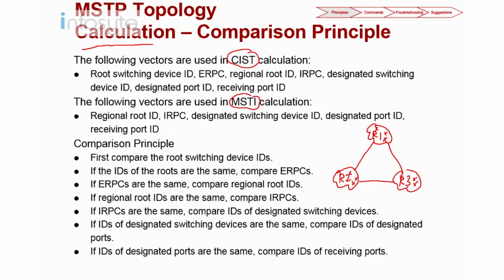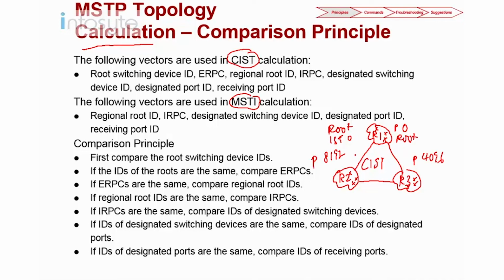Now in the CIST, we are going to look into who is the root for the CIST. So we are going to look into the IST, instance 0. Assuming that here I have a priority of 0, here I have a priority of 4096, and here I have a priority of 8192, clearly I have a root over here.